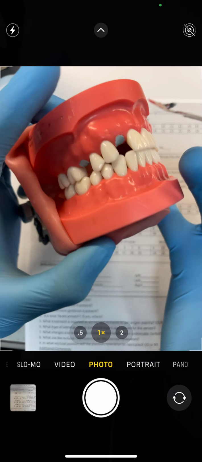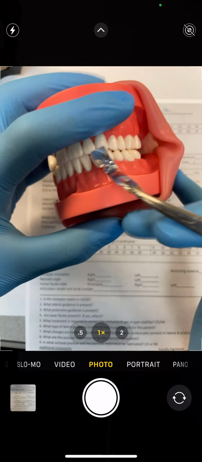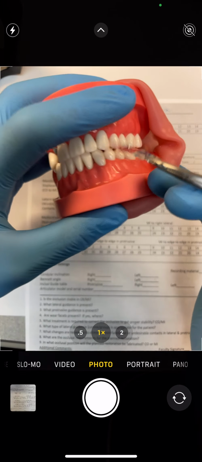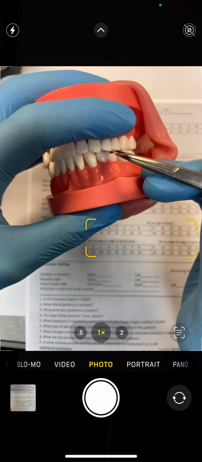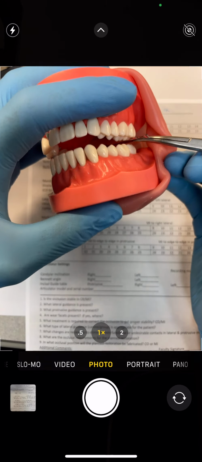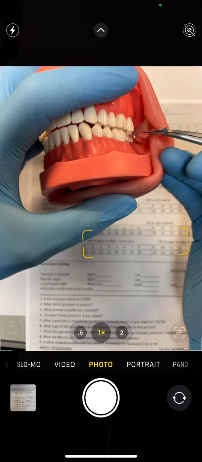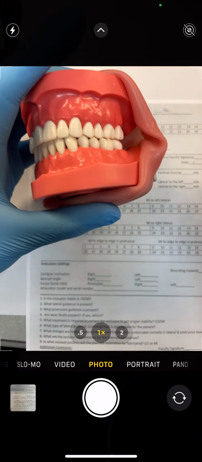This is not catching, front teeth as well not catching, neither here. Yep, number 12 is catching, 13 light, 14 is heavy, and that as well.